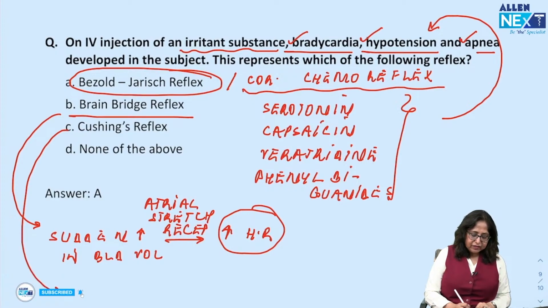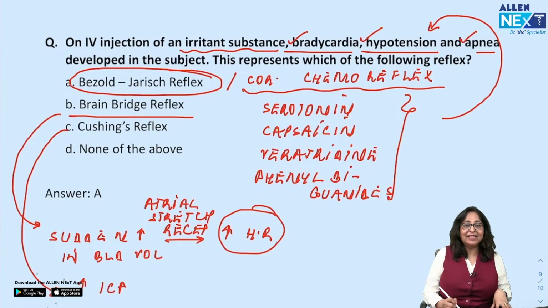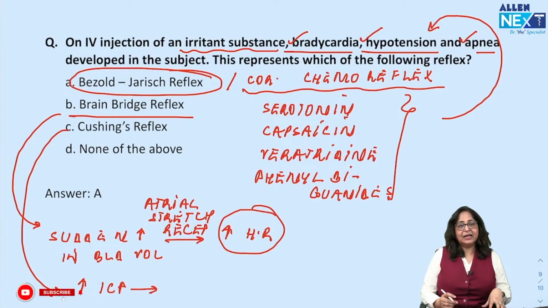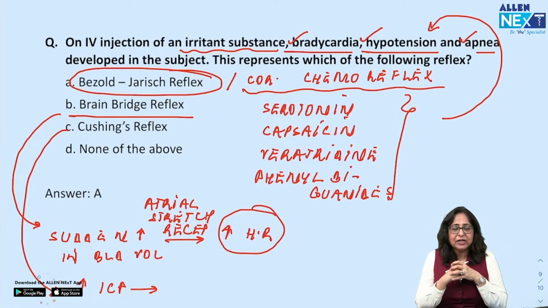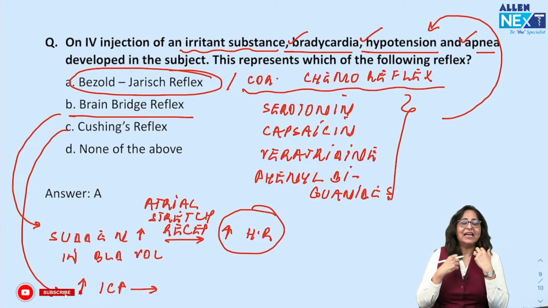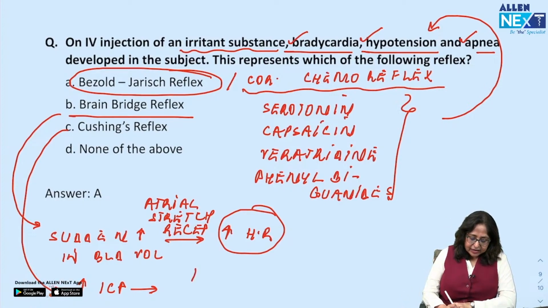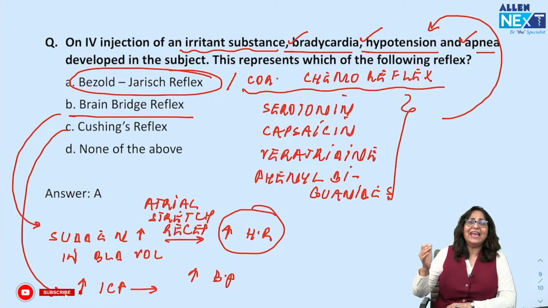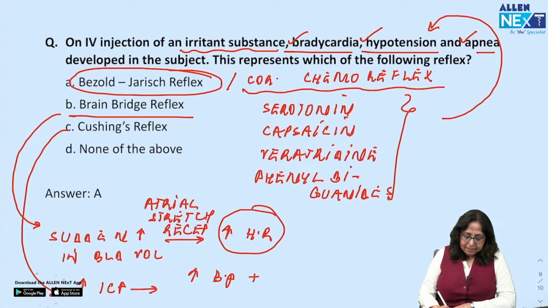And what is the Cushing's reflex? Cushing's reflex is seen whenever there is an increase in the intracranial pressure, let's say, if there is a head injury or some sort of intracerebral hemorrhage, which has increased the intracranial pressure, it compresses the cerebral blood vessels, it causes a CNS ischemia, and there is an increase in sympathetic discharge, which causes an increase in blood pressure, but because of an intact baroreceptor mechanism, there is a bradycardia associated with it.